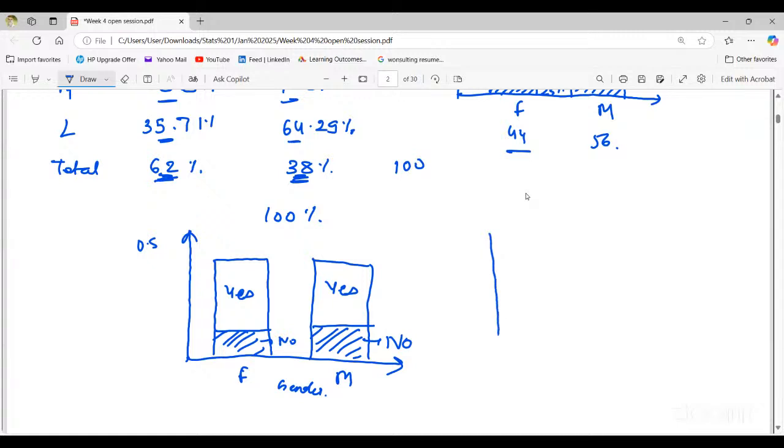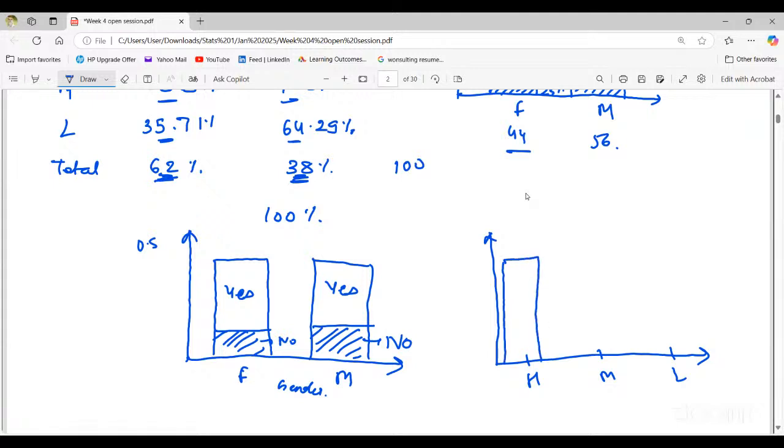Fine. Now, if I make another one, I'm now considering the income levels. I'm having three incomes, which is high, medium, and low. Correct? Now I'm having a 100% stack bar chart, right?